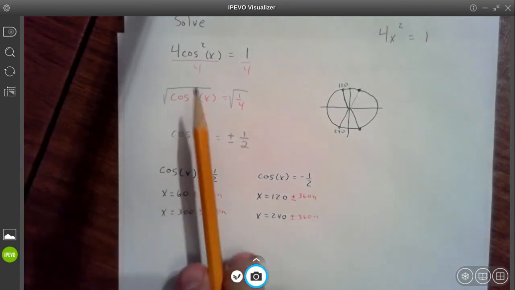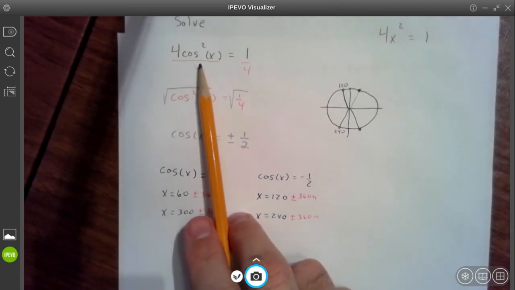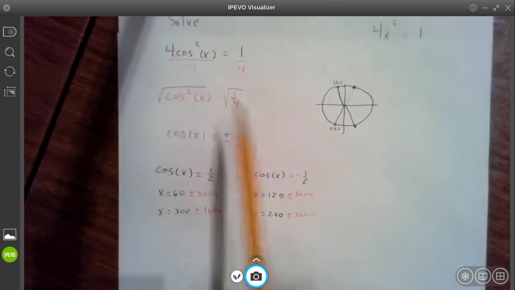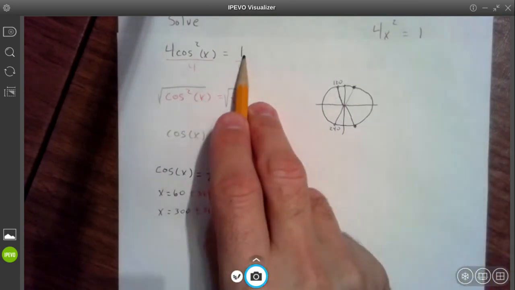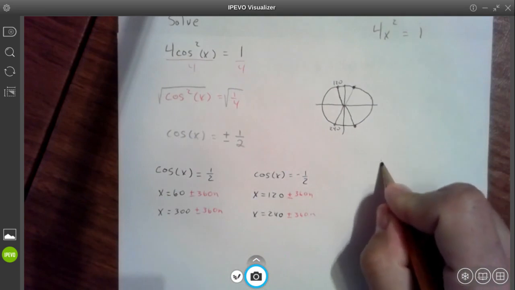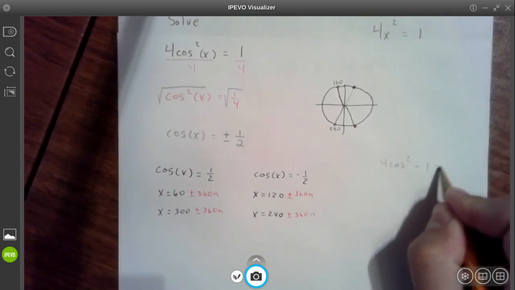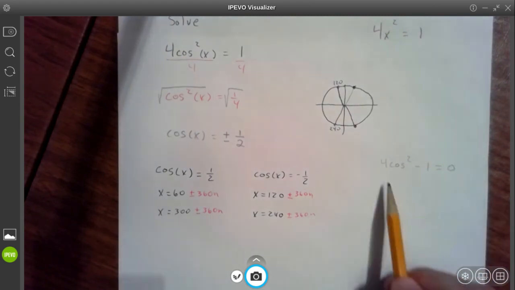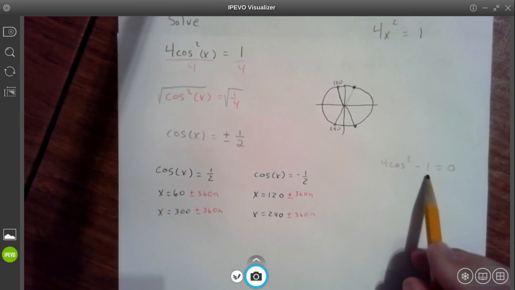Now, I know I solved this one using inverse operations. There is another way that we could have solved this. What I could have done was move this 1 over, and I would have gotten something like this: 4 cosine squared x minus 1 equals 0. And this can be solved by factoring. This is a difference of squares.